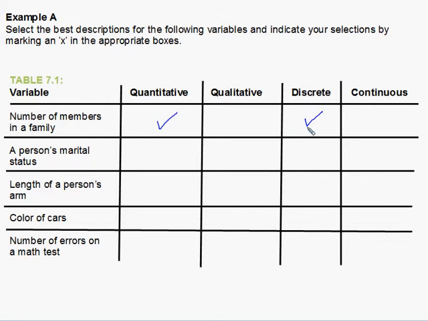Okay, so discrete. Okay, person's marital status. Married, single, divorced, widowed. Qualitative. And since it's qualitative, it can't be discrete or continuous. It's neither. Okay. Length of your arm. Quantitative. Discrete or continuous?